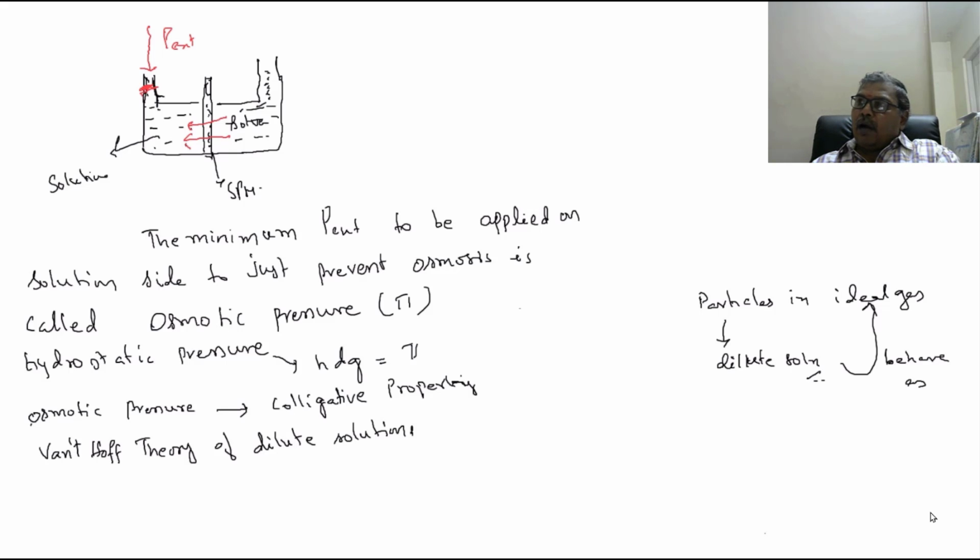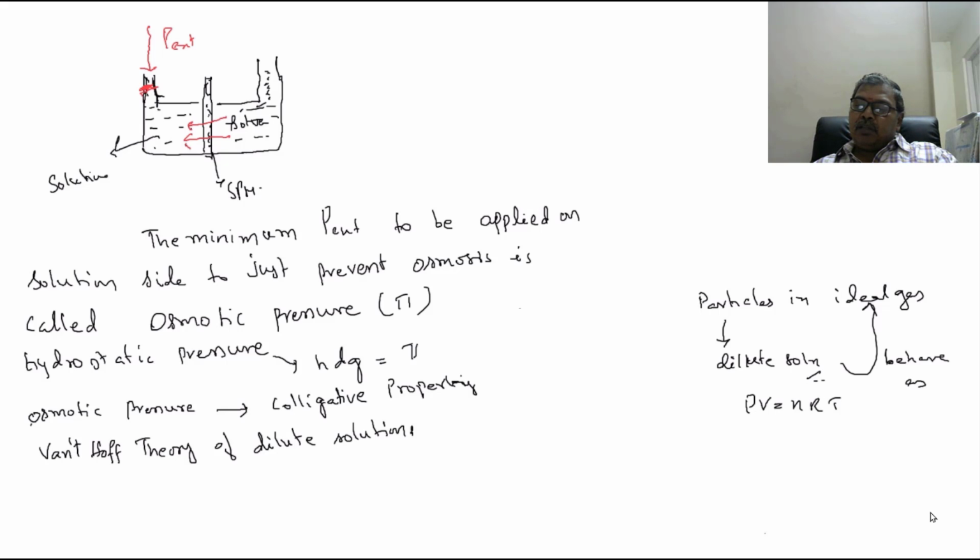So you can apply the ideal gas equation PV equals nRT. According to Van 't Hoff, colligative properties are applicable for dilute solutions, so solute particles are fewer. Therefore, particles in a dilute solution behave as particles in an ideal gas.